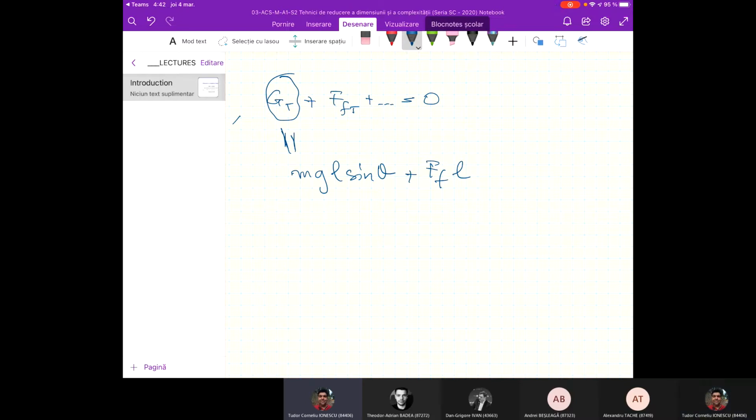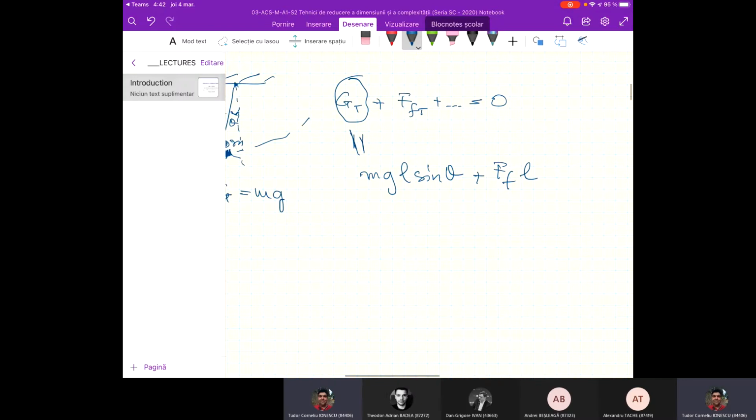And of course, the movement torque, which is m L squared, this is the inertia, times theta double dot. Theta double dot is the angular acceleration.